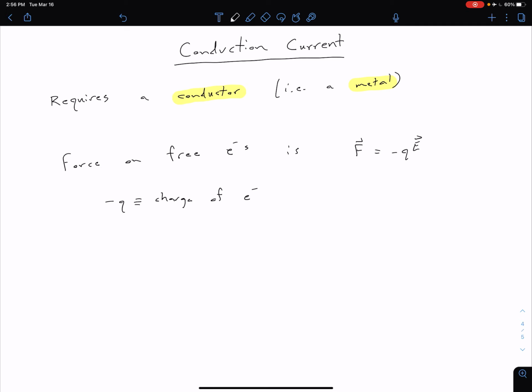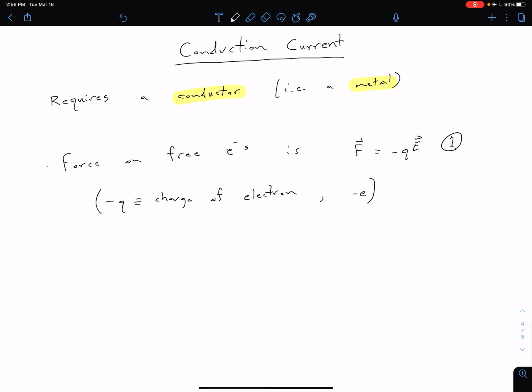In the textbook, they use negative E for the charge on an electron, so just one slight change there if you're reading through the textbook as well. Let's call this our force equation 1.